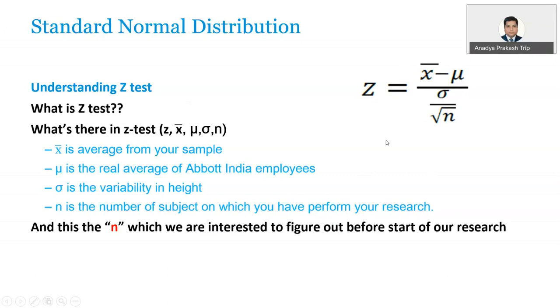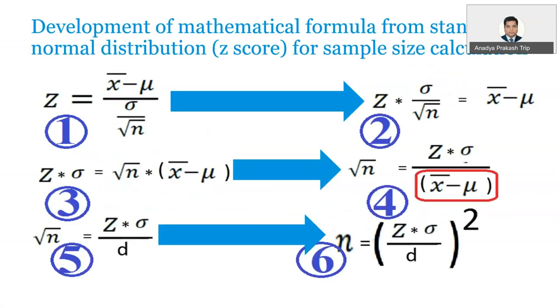Now I would like to take you back to your classes earlier, up to plus 2, where we read some conjugate equations and solving those equations, taking some value from left hand side to right hand side, denominator to numerator, all those concepts. So again here the Z statistics is the same. Now my target is taking this n as standalone.